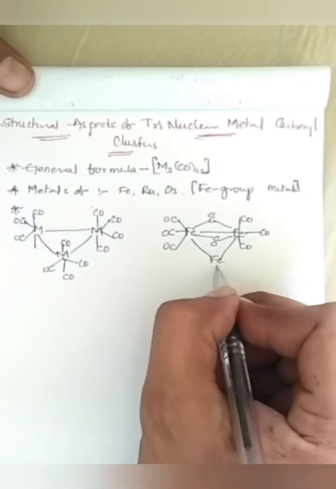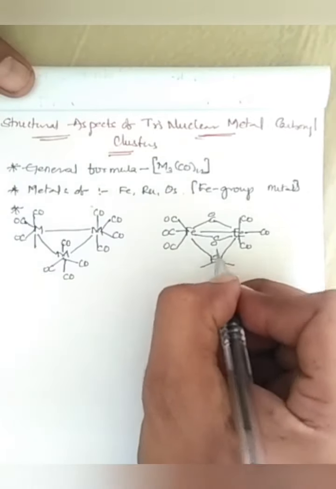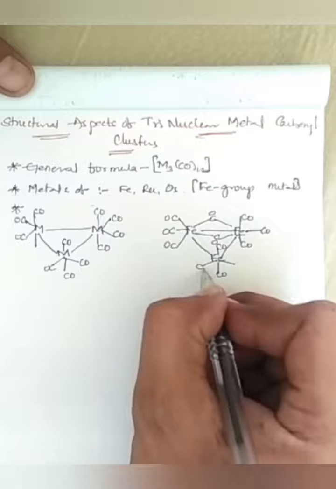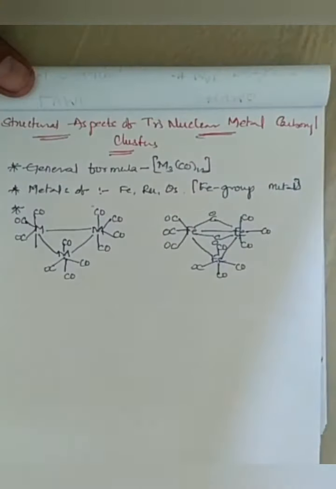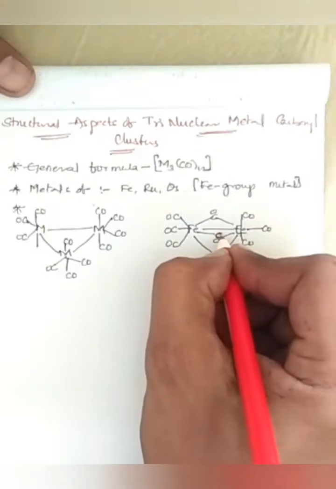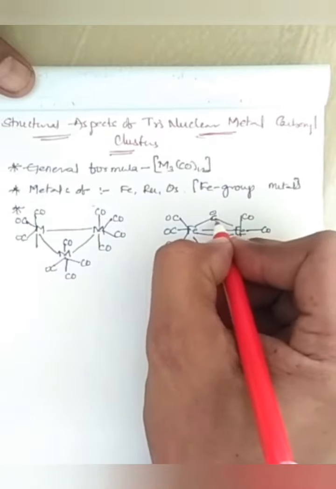The iron structure will have 2 bridged ligands.